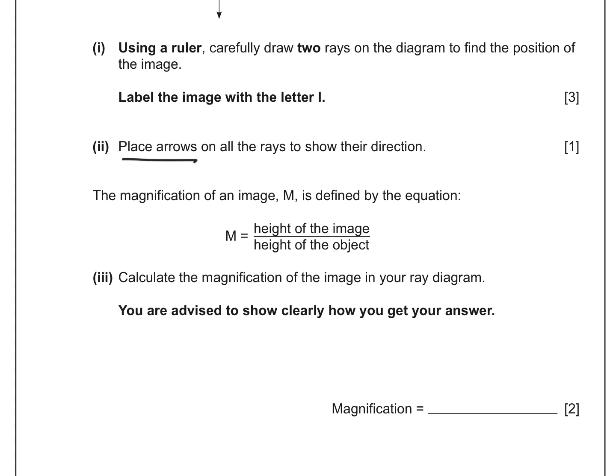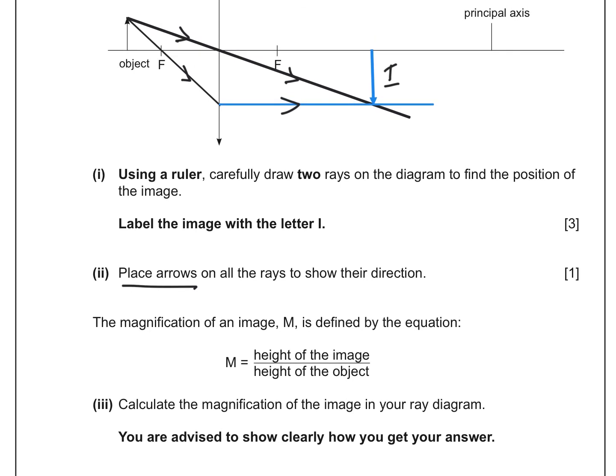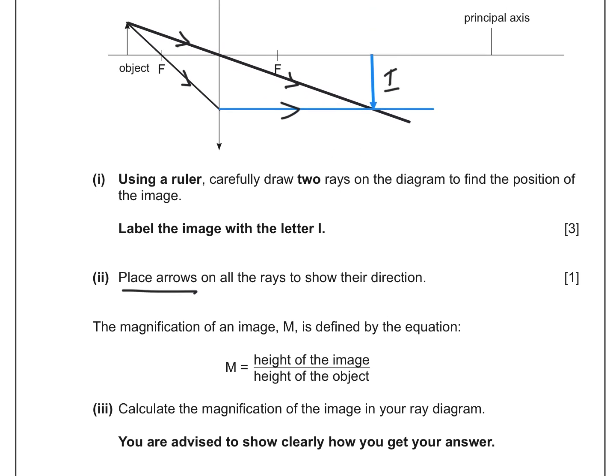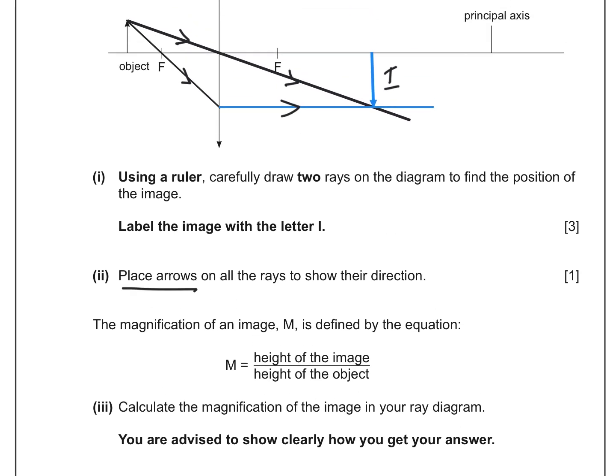Next bit, the magnification of an image M is defined by the equation M equals the height of the image over the height of the object. Calculate the magnification of the image in your ray diagram. And this is going to be much easier for you to figure out by measuring the object and the image. It's very difficult for me to do. But it's definitely magnified because the image is definitely bigger than the object.